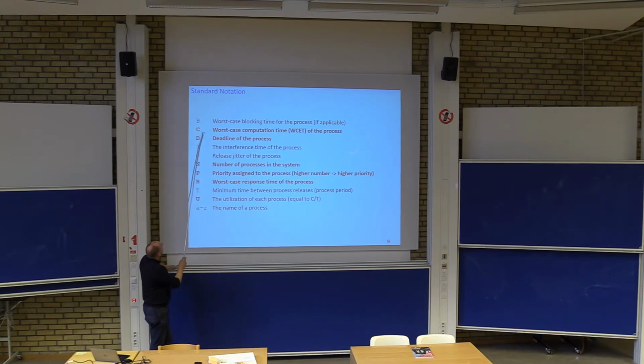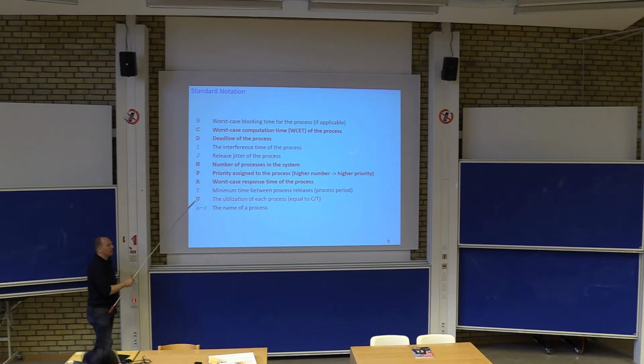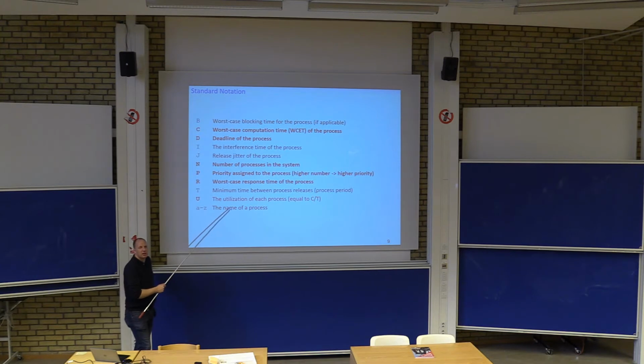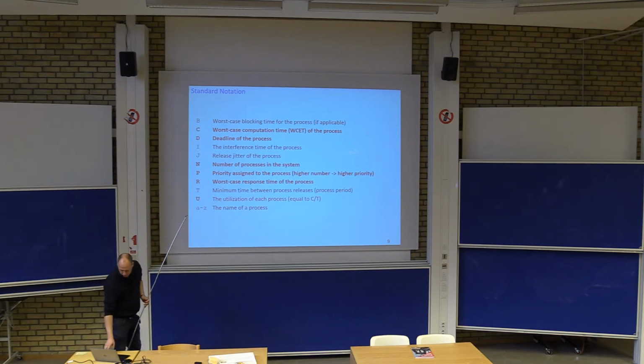We will let C denote the worst case computation time, also abbreviated WCET, of a task. Each task will have a deadline, called D. And we will calculate something called the utilization later, which is basically the percentage of the time that the processor is used for doing computation for the different tasks. So these are the most important.